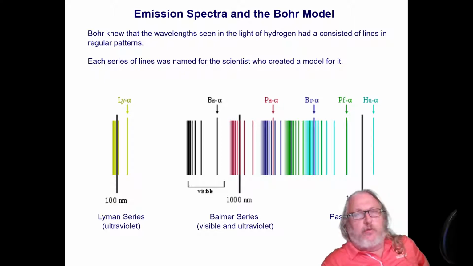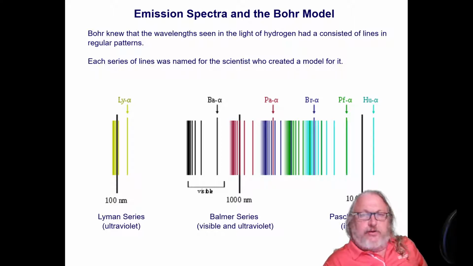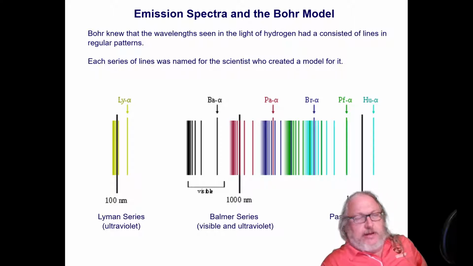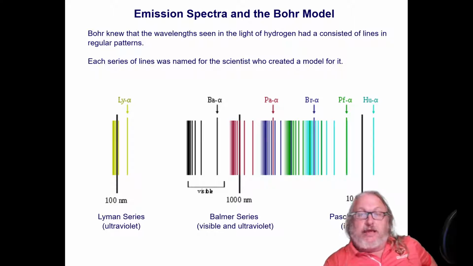Bohr knew that the wavelengths seen in the light of hydrogen consisted of lines in irregular patterns. Now, patterns make us think of math, how things work, right? Each of these series of lines was named for the scientists who created the model for it.